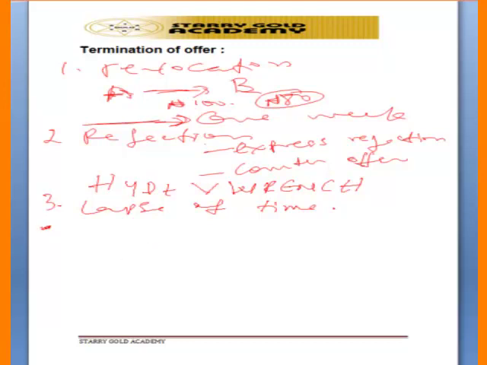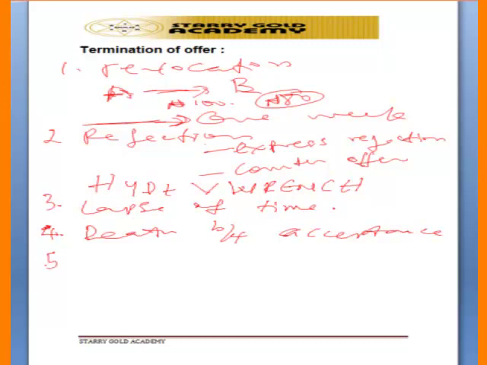And now we have number 4, death before acceptance. So death of the offeree or offeror terminates the offer. So death before acceptance terminates an offer.